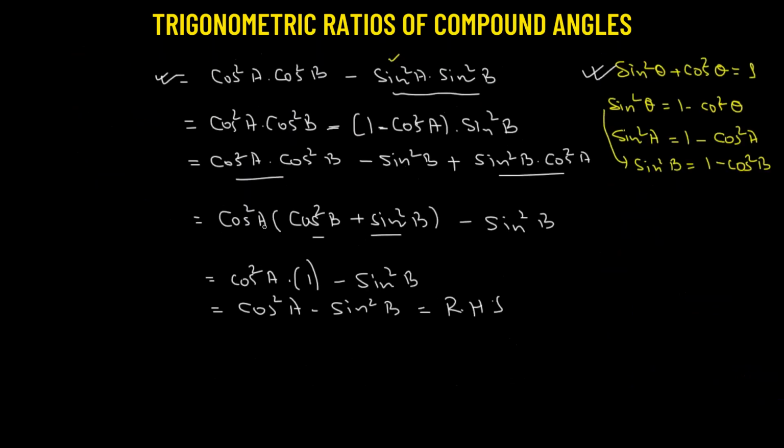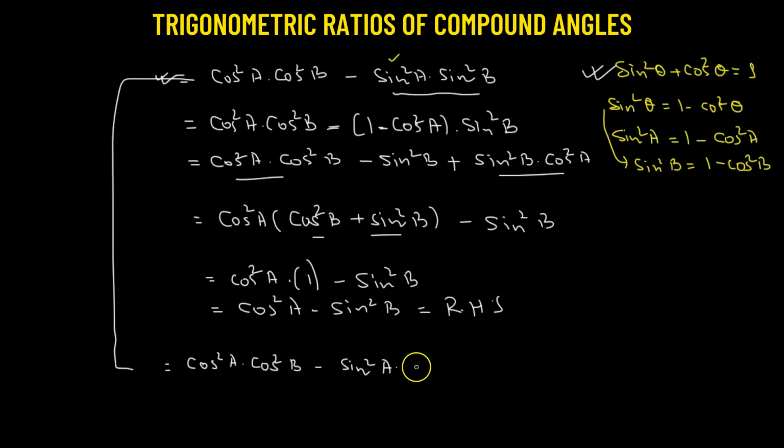So we will start from this particular step. We will keep the first term as it is, cosine squared a multiplied by cosine squared b, minus sine squared a. We're going to replace the value of sine squared b with 1 minus cosine squared b.